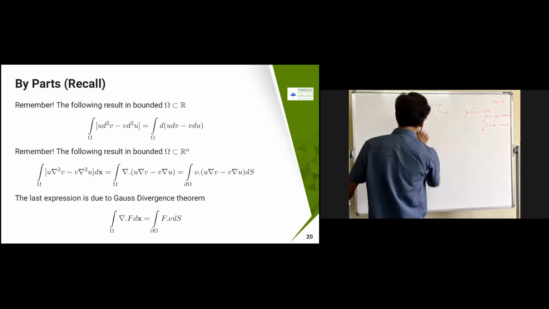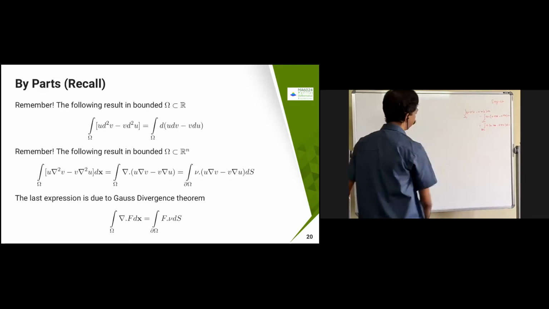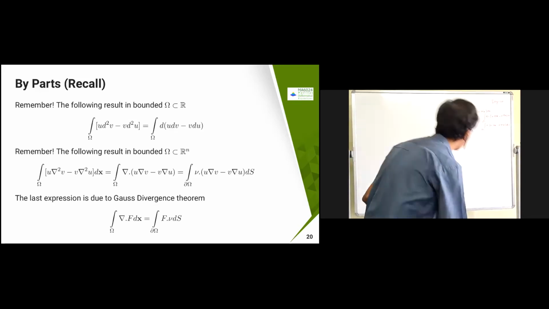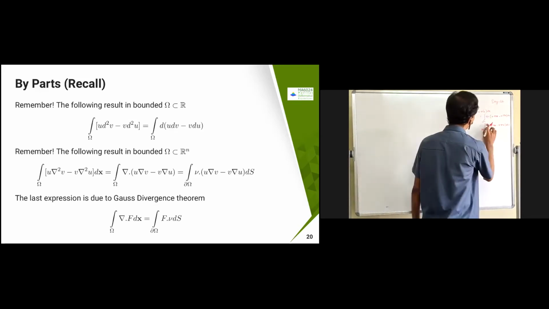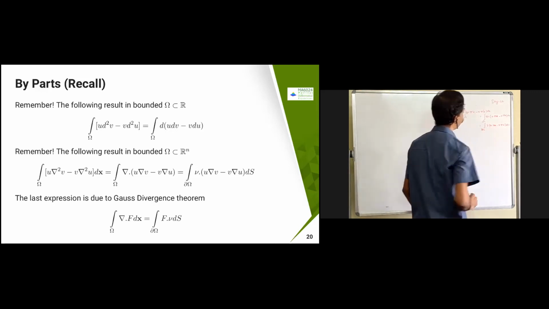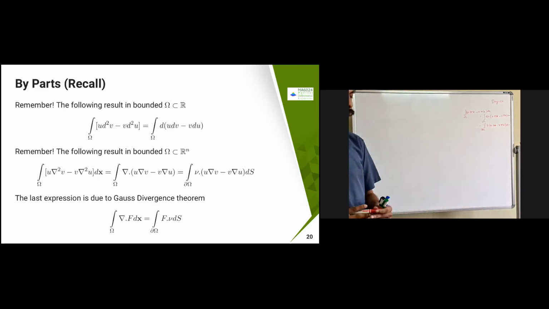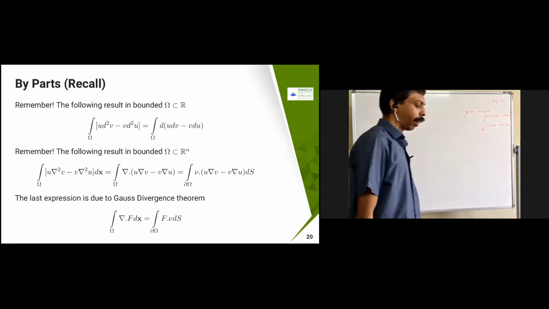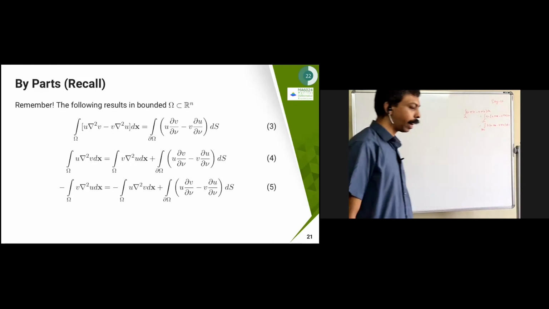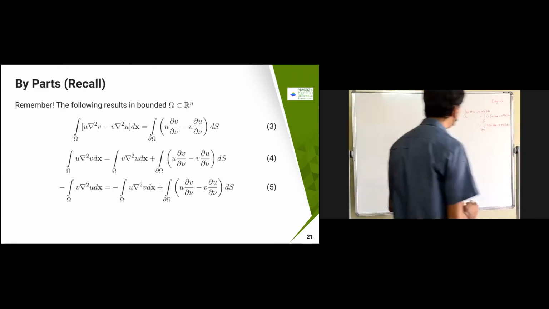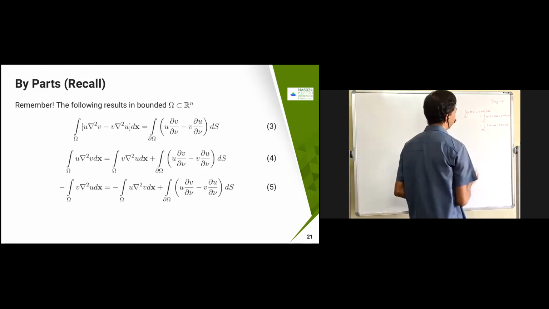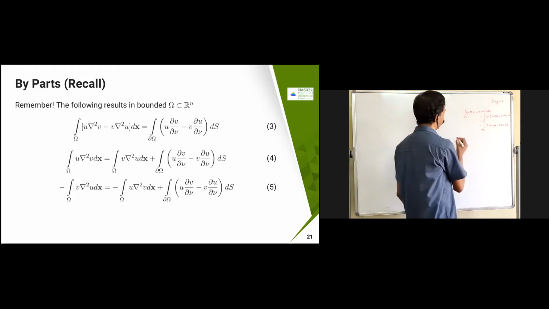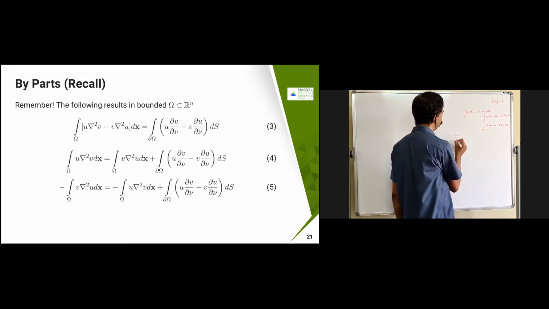Now, what is n dot grad u? In our notation we used to use nu, the outward normal. So nu is nothing but the outward normal derivative. If you remember the definition of dou u by dou nu, n dot grad u is dou u by dou nu.